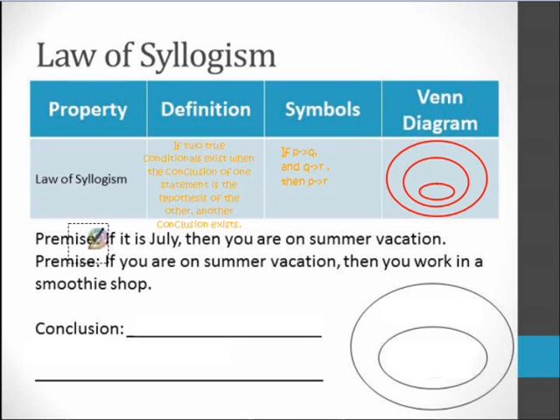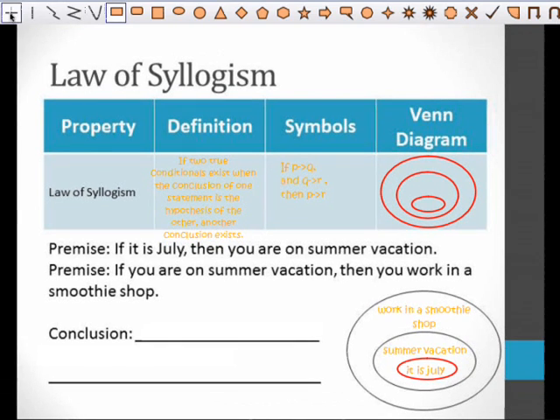We have 2 conditionals to start. If it is July, then you're on summer vacation, okay? If you're on summer vacation, you work in a smoothie shop. So it's July, summer vacation. That's the first one. The second one was, if you're on summer vacation, then you work in a smoothie shop, okay? The conclusion here is easy to find when you see multiple conditionals.